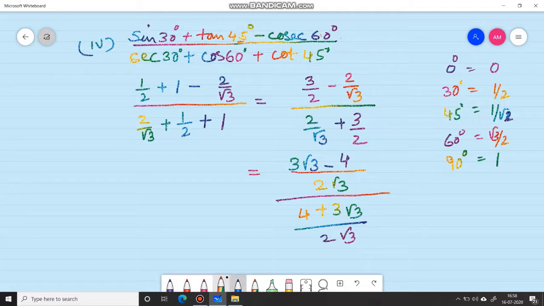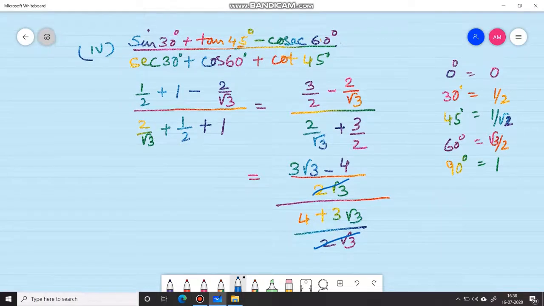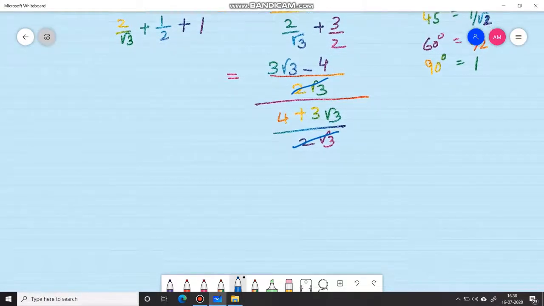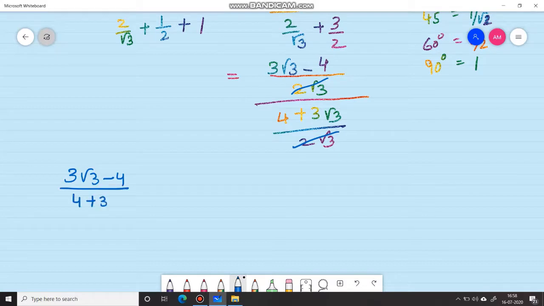Now when you will see this, you will see that both the denominators will be cancelled. You are left with 3 root 3 minus 4 by 4 plus 3 root 3.